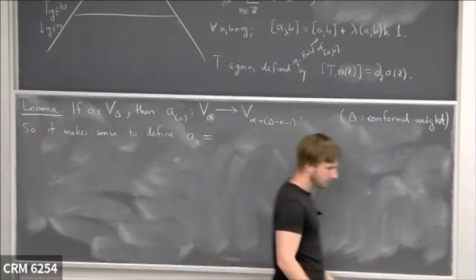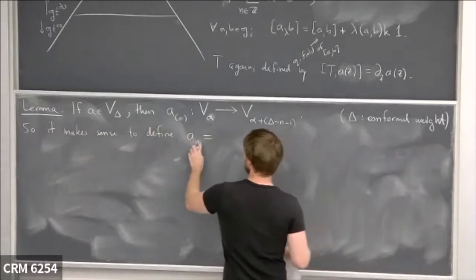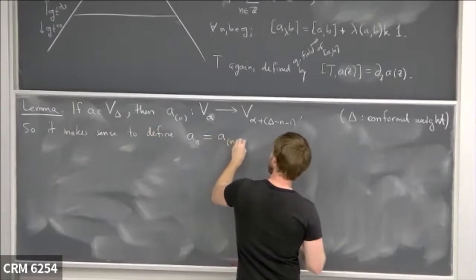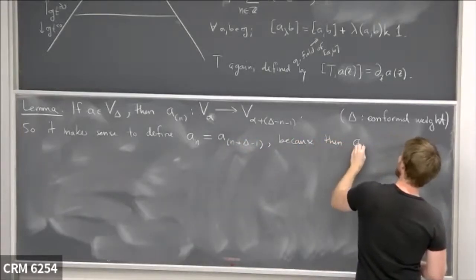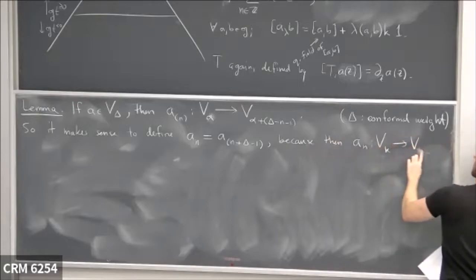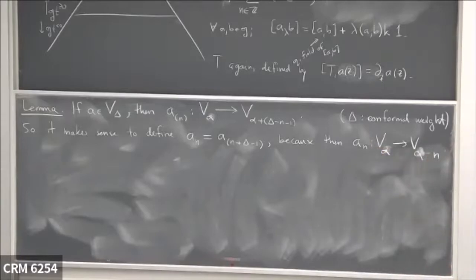So it makes sense to introduce this convention of writing A_n without these parentheses to be just a shift of the grade, plus delta minus 1, because then A_n sends V_k to V_{k-n}, okay?